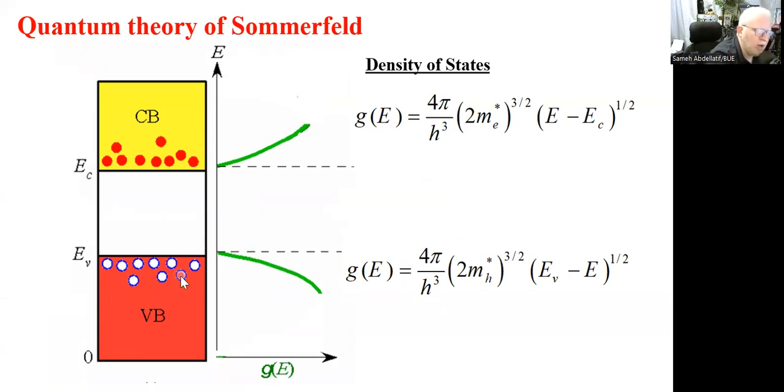Logically speaking, whenever you are interested in finding electrons, you will go to the density of states in the conduction band, because free electrons are defined in the conduction band. And whenever you are searching for holes, you will go to the valency band function, because broken bonds or holes are defined in the valency band.